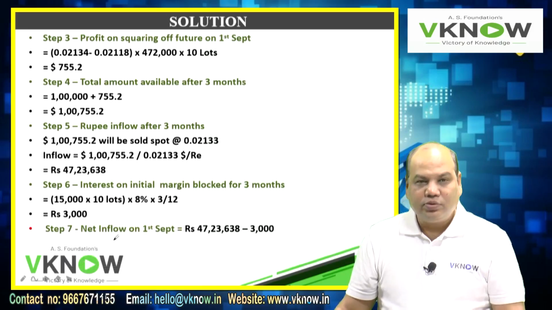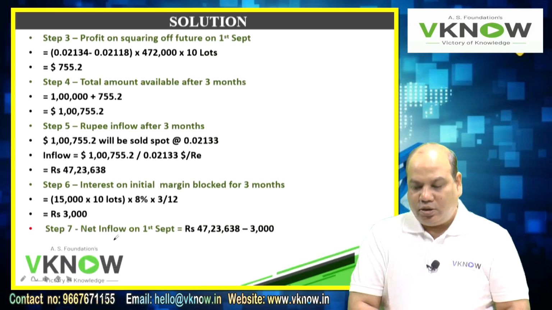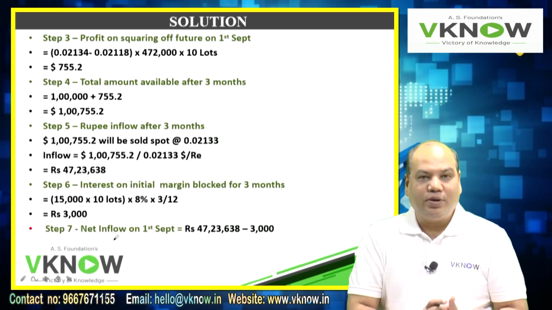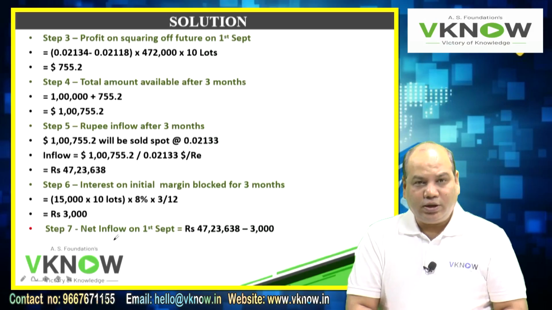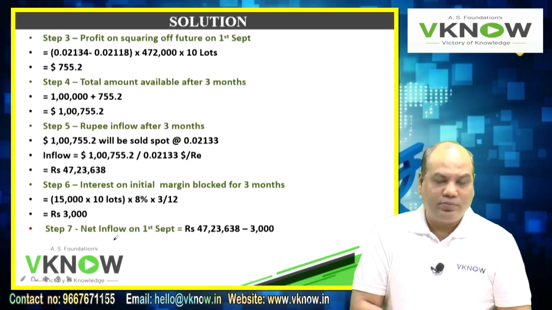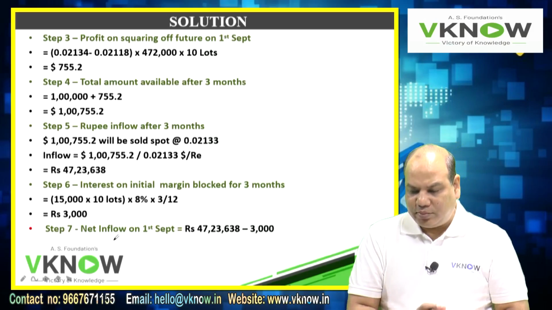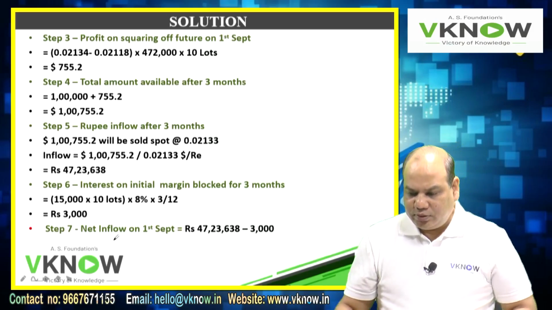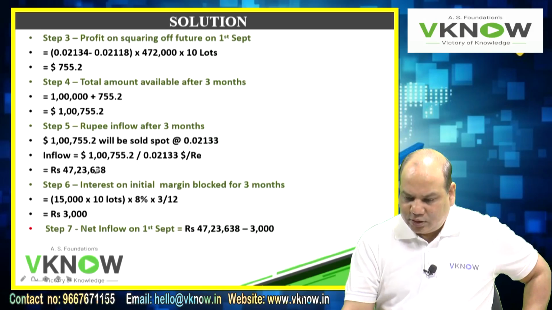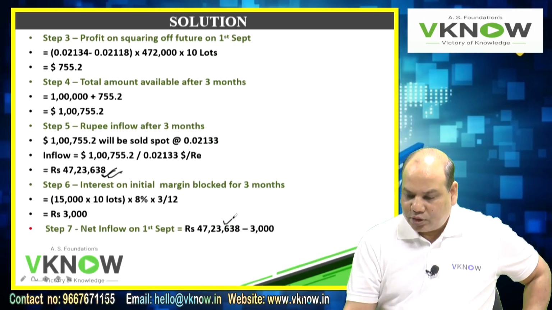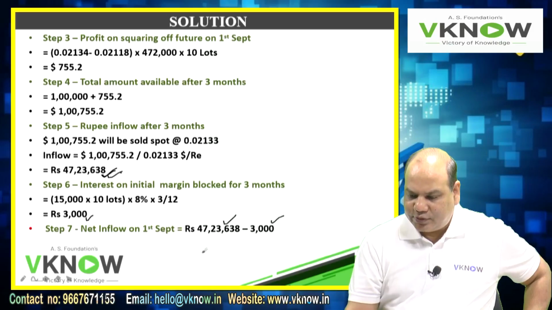And now step number 7, net inflow on 1st September. Net inflow on 1st September will be this, my inflow which covers $1 lakh plus profit on future, and then this minus 3,000.